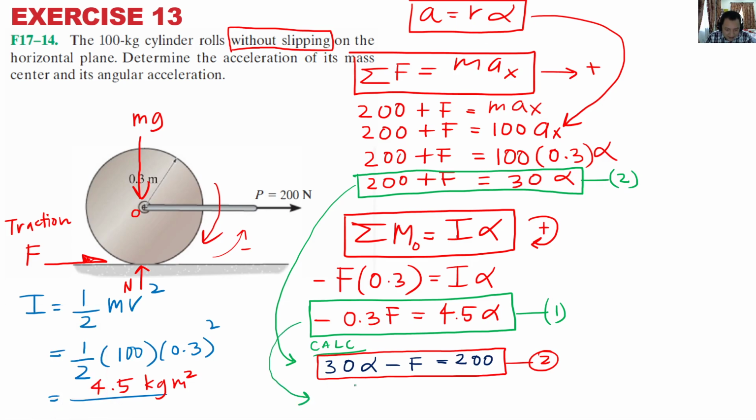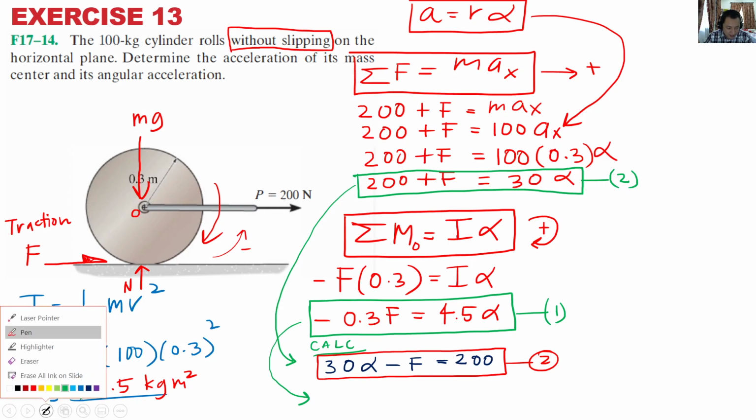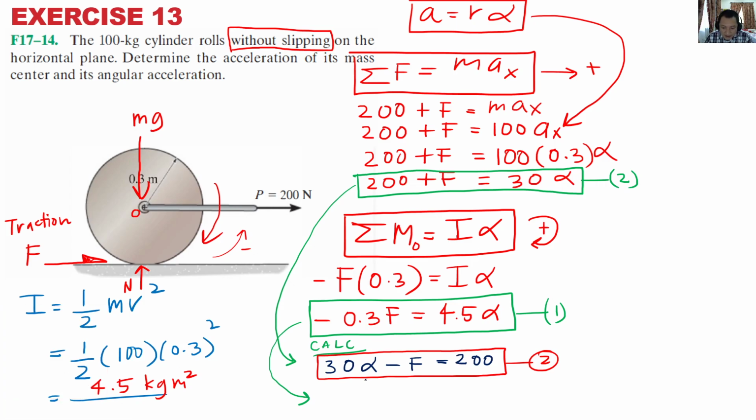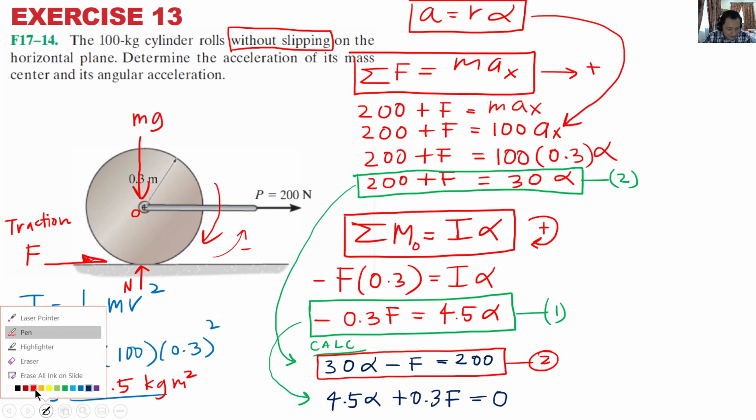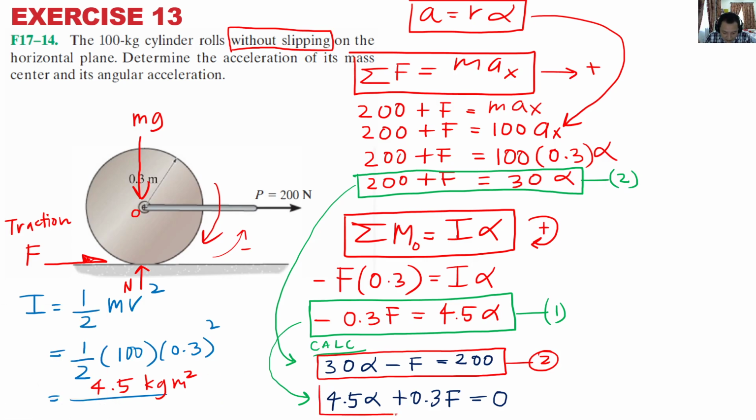Arrange it properly a bit so that you can use your calculator. So alpha is in front, put alpha in front. 4.5 alpha plus 0.3 F is equivalent to 0. Arrange it properly so that it's easy for you to press your calculator.